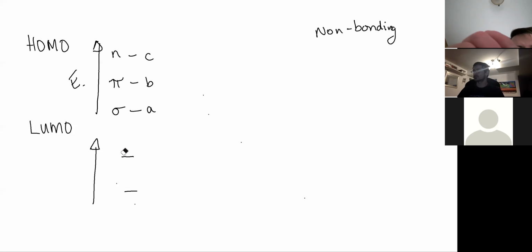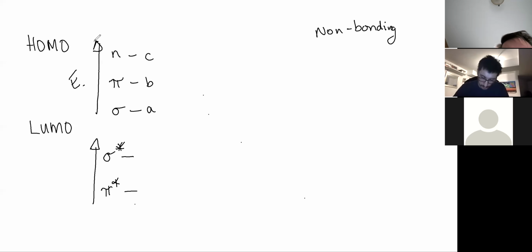Erase. Sigma star. Right. Okay. So the lowest energy for the LUMO would be pi star. I've sort of done this upside down. The LUMO should be at the top and the HOMO should be at the bottom.